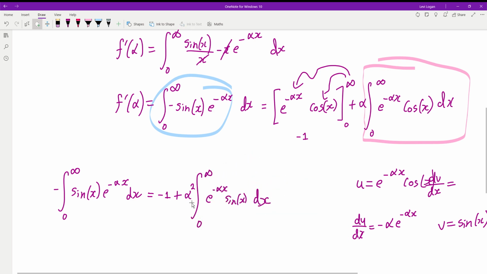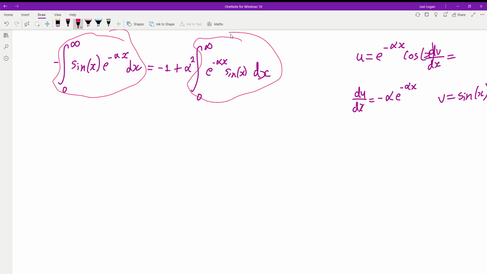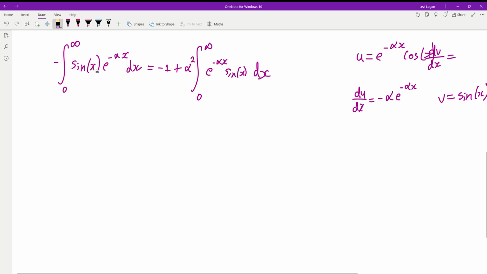Now you're probably thinking, this looks really hard to solve, we've made it even worse. Not really. We can just think of these integrals as just numbers. We know this will evaluate to something, and we know this will also evaluate to something. So what we're going to do is rearrange it so we get the integral as our subject. The way we do that is to move this whole thing to the other side.